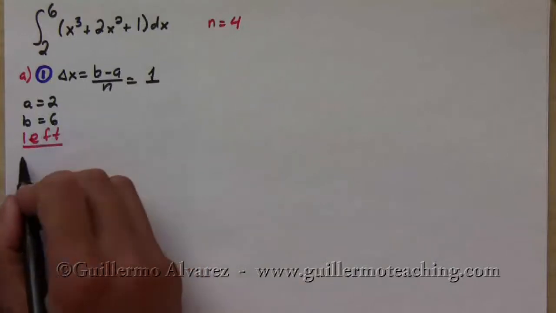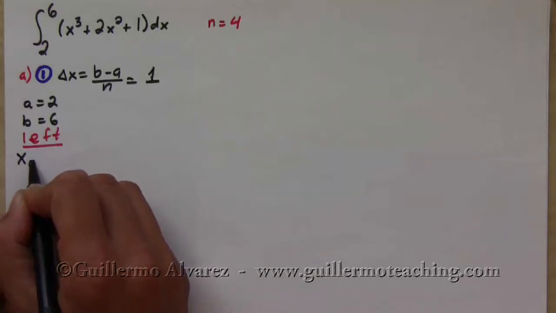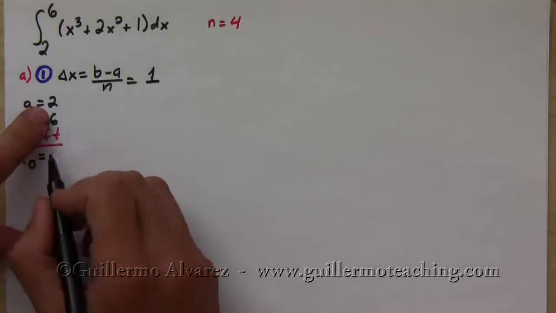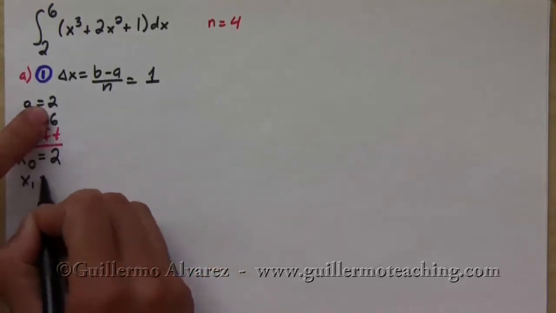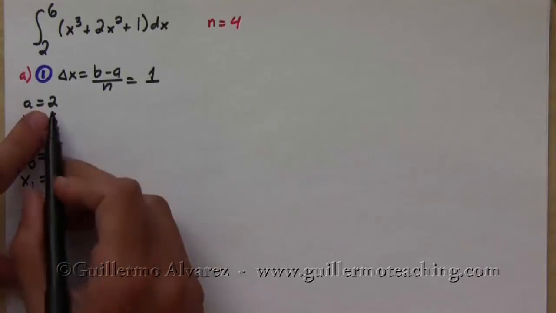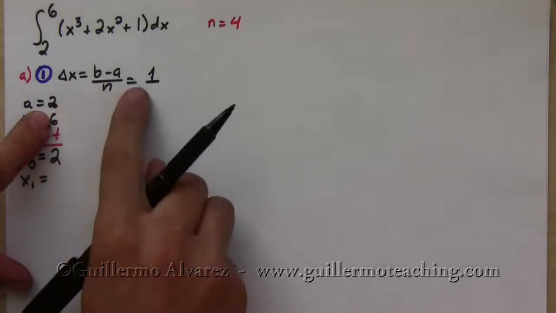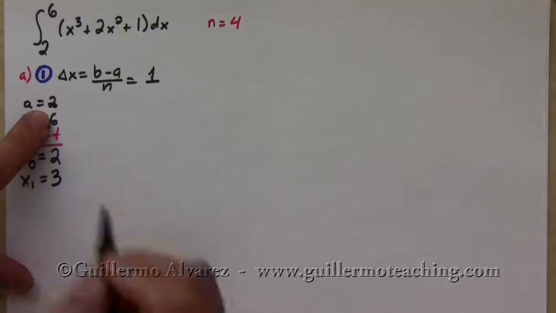Now for the left, I'm just going to write a list of my x values. For the left, remember you start off with a as your first x value. The next x value is a plus another delta x, which in this case is 1, so your next x value is going to equal 3.